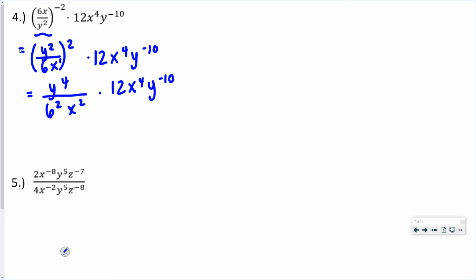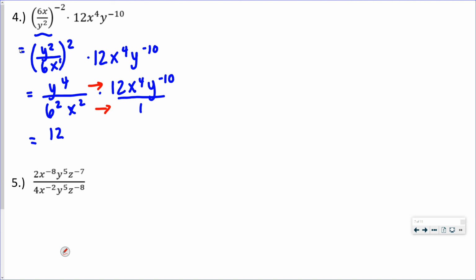So here you can think of this as over 1, or if you wanted to, you could move the y downstairs, but this is probably how I would do it, is I would then multiply straight across. Okay. So in my numerator, the first thing I would do is I have 12 times 1, technically, so I'd write the 12 first, and I like to do things in alphabetical order. So then I'd probably tackle the x's next.